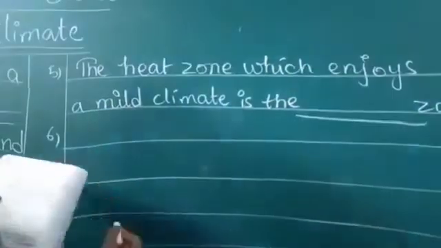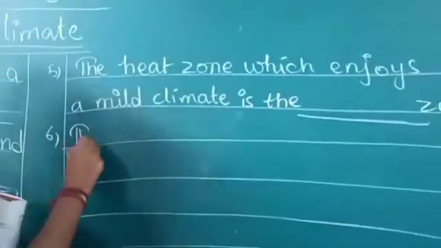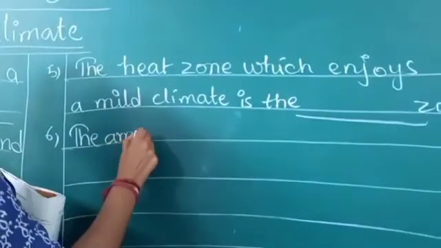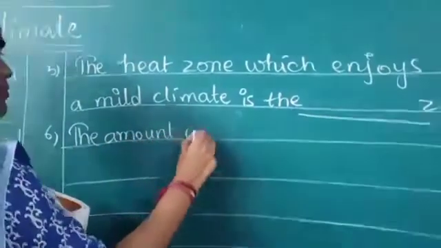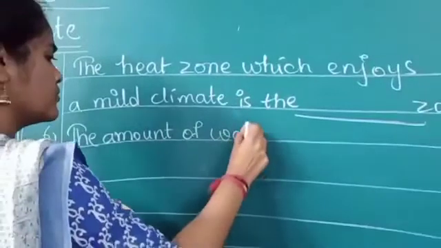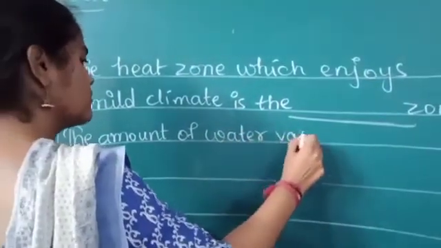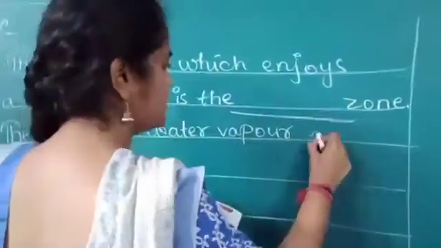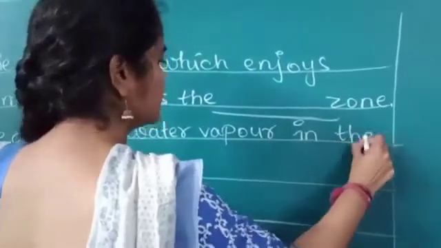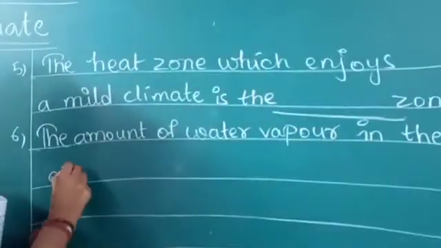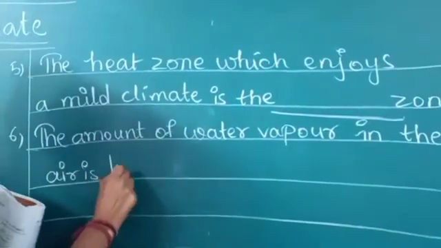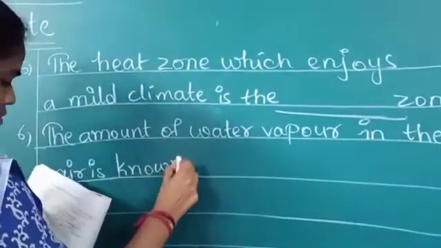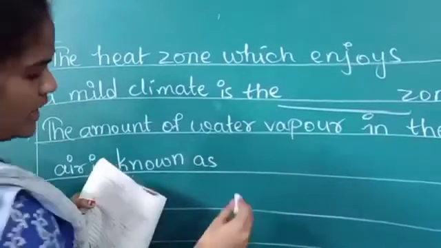Sixth one, the amount of water vapor in the air is known as dash.